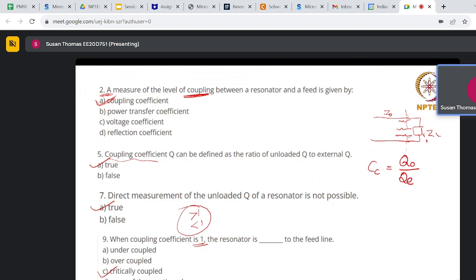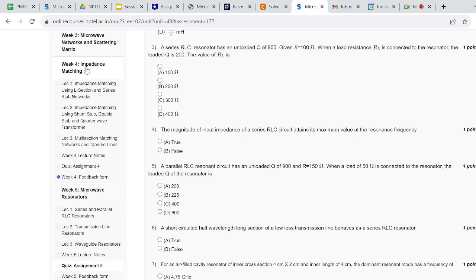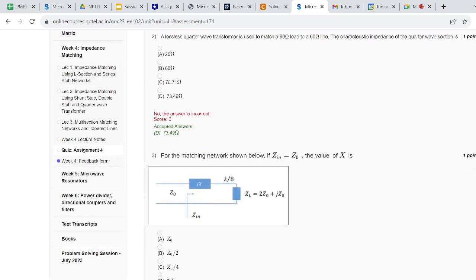Is the answer not Z naught by 2? Okay. So for this question, the accepted answer is Z naught by 2. But, madam, that answer is wrong.